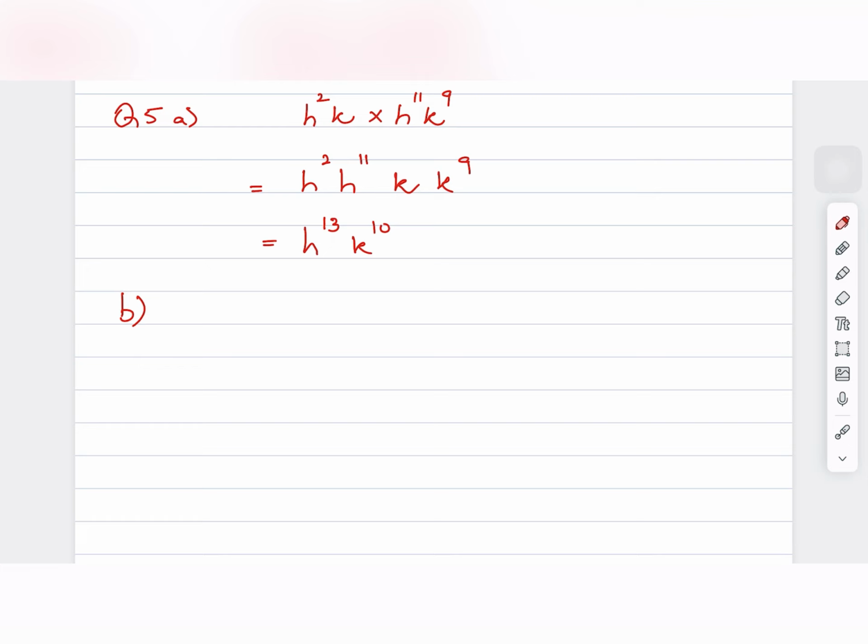Its B part is, if you have minus m power 7 n power 3 and there is multiplication in between, 4 m power 11 n power 9.